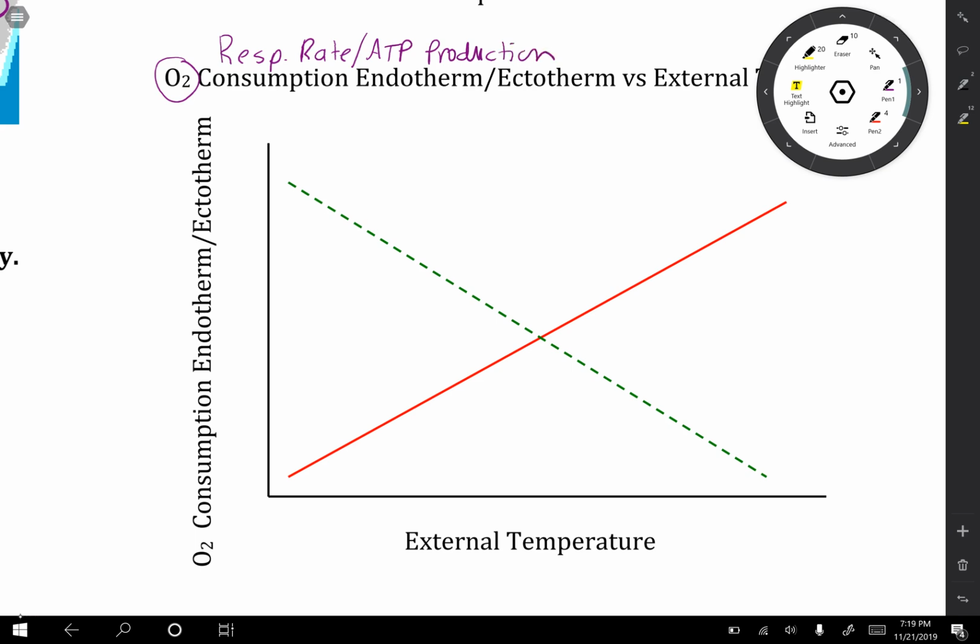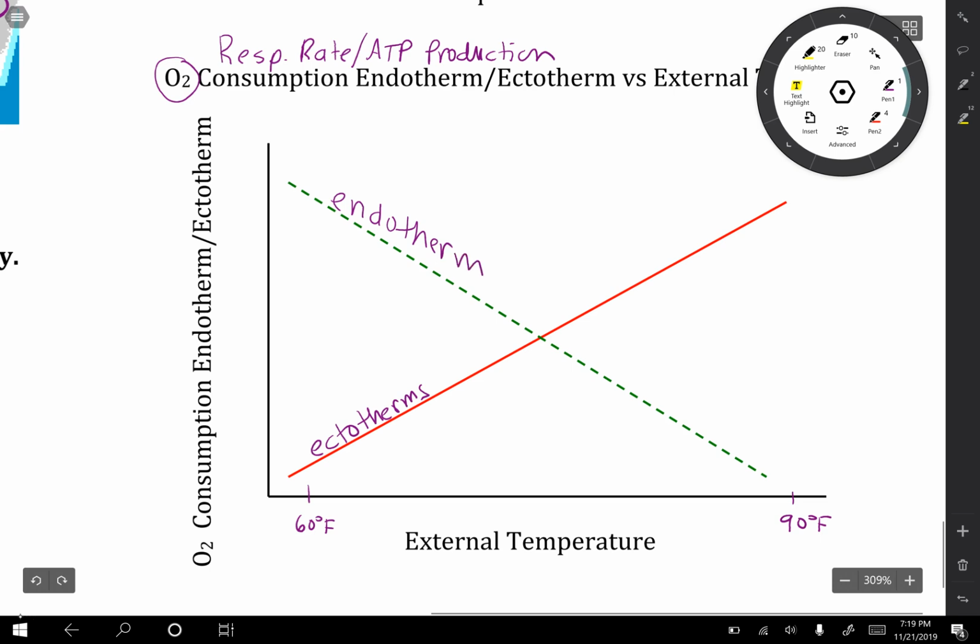In the range from 60 degrees Fahrenheit to 90 degrees Fahrenheit, just keeping consistent, your ectotherms, as you increase the temperature, increased oxygen consumption. They saw higher respiration rates. They consumed more oxygen. Your endotherms, let's say you put a mouse or something like that in the chamber, as it got warmer, they consumed less oxygen. They had lower respiration rates.